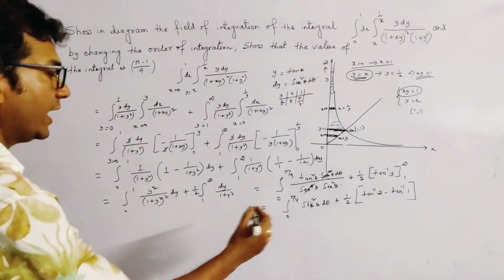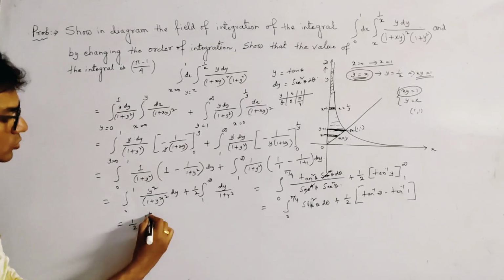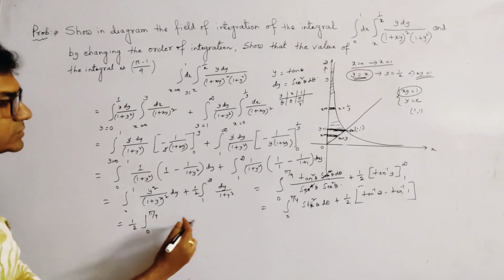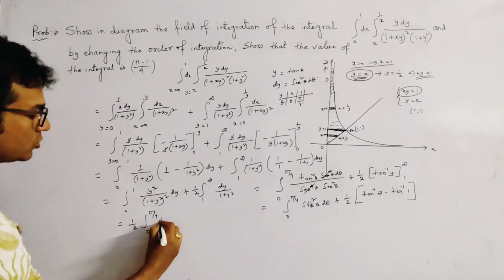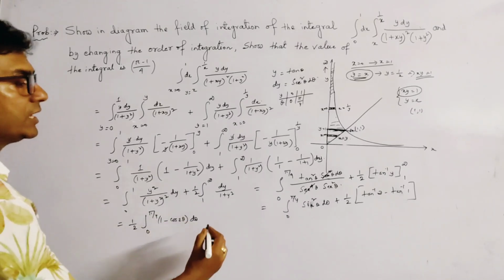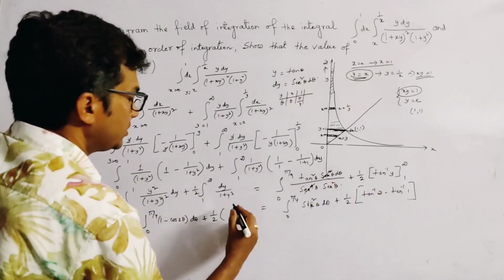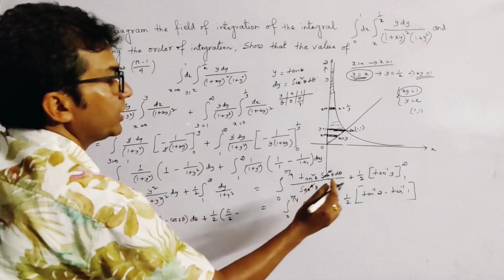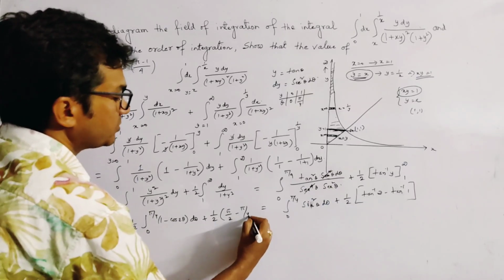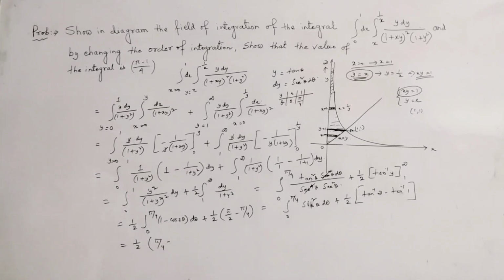Right, and the first integration is half into integration 0 to pi by 4, 2 sine square theta, so 1 minus cos 2 theta d theta, and the second integration is half into tan inverse infinity means pi by 2 minus tan inverse 1 means pi by 4.